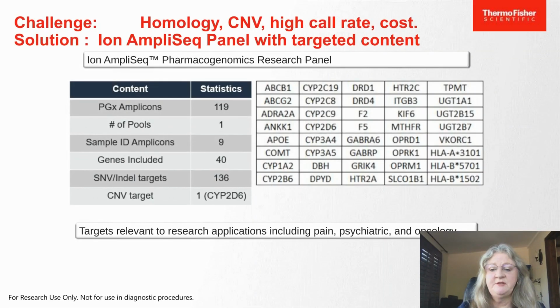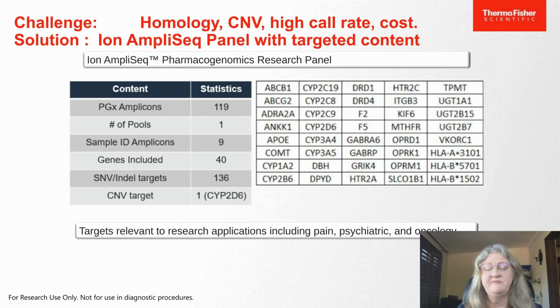So we wanted to develop a panel for next generation sequencing that addresses this need. Some of the challenges we faced are homology between the genes. As I mentioned, there are a lot of CYP genes that are highly homologous with each other, and they can be difficult to distinguish from each other.